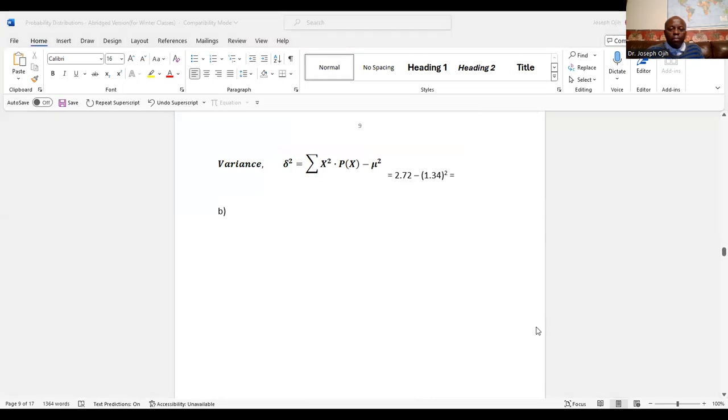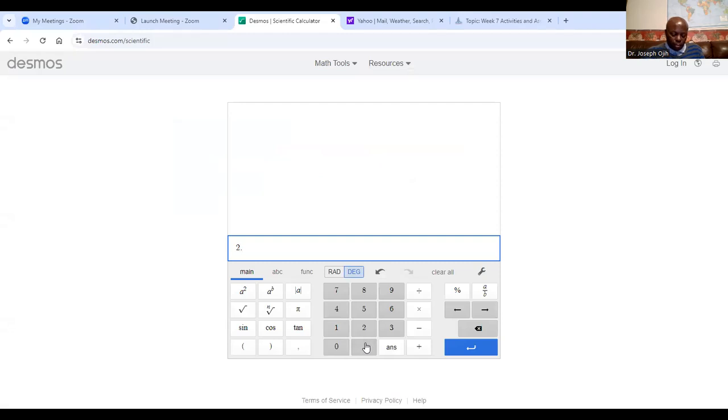So we got 2.72 minus 1.34 squared. That gives me 0.92, rounded, 0.92.